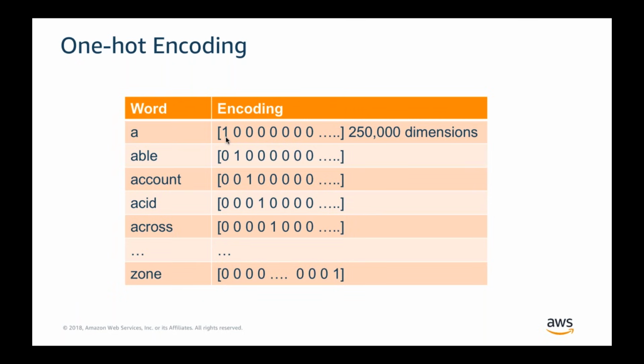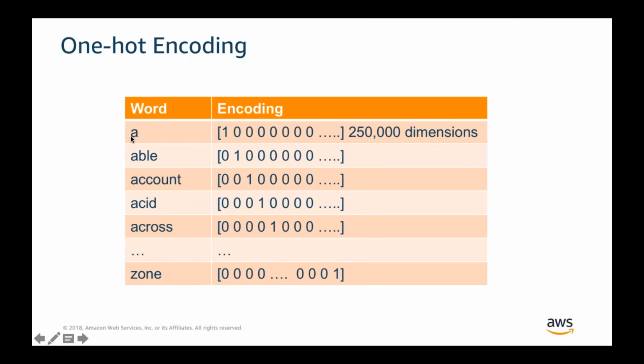There's going to be just one number that's hot. That's why it's called one-hot encoding, where just one number is going to be 1 and the rest are all zeros. And the number that is hot is the ID of the word.